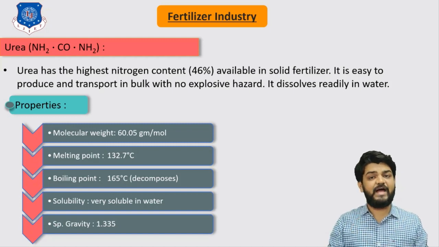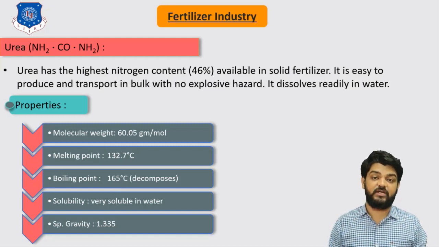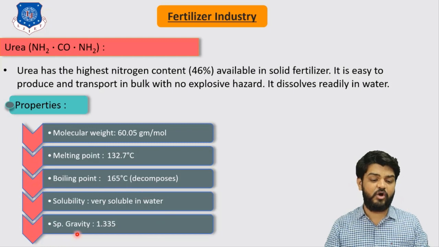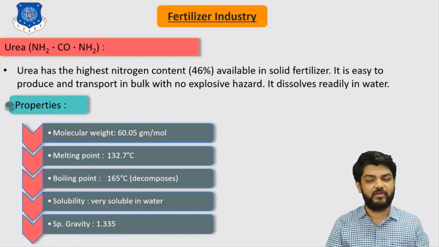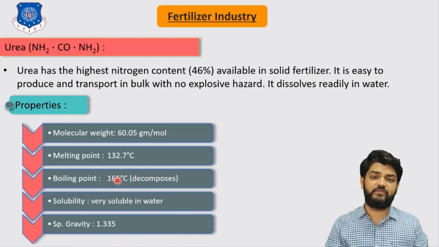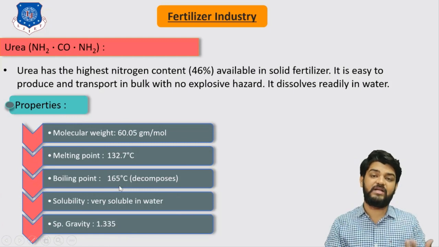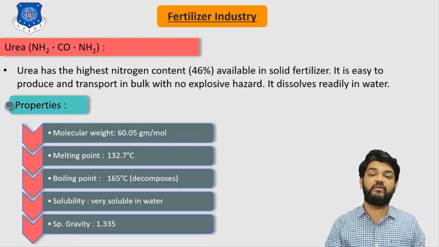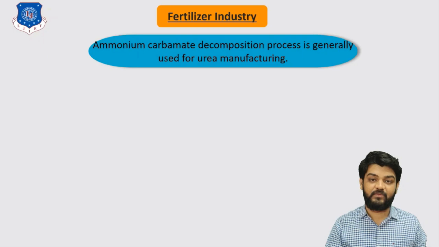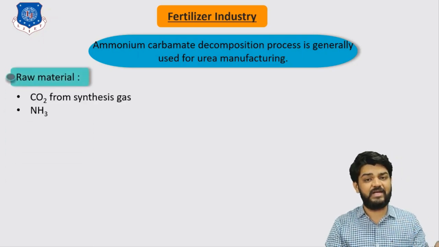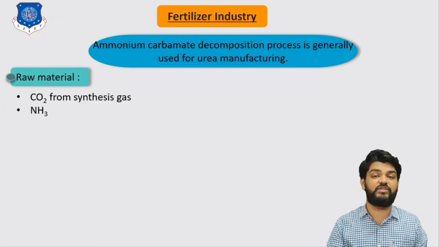And urea is very much soluble in water. It has a specific gravity of 1.335. So these are all the properties of urea that can be helpful to answer MCQ type questions of different competitive exams.